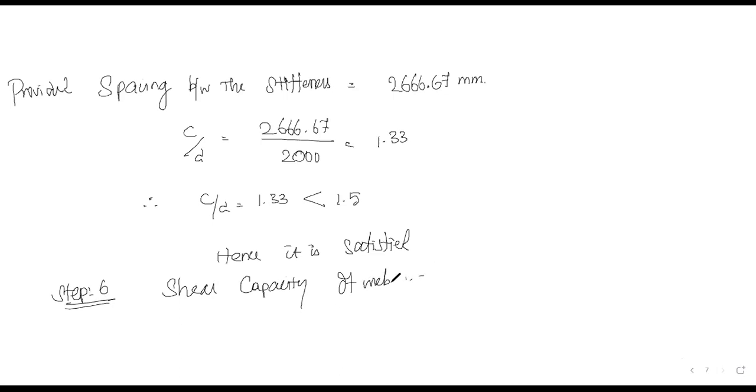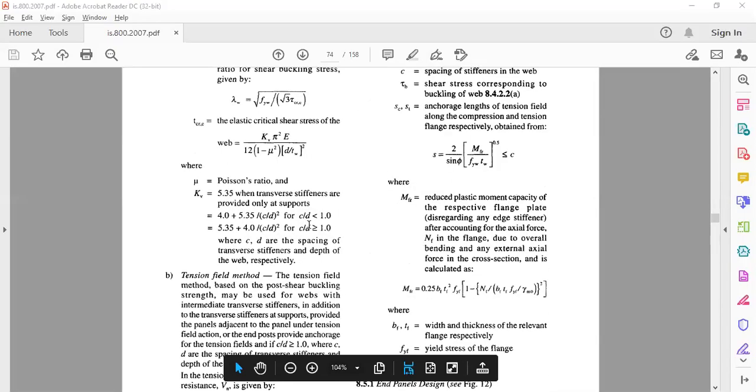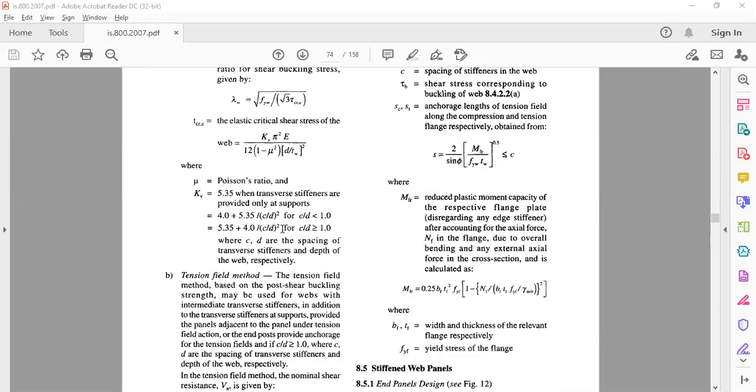From page number 60, I will share the code book. Page number 60.